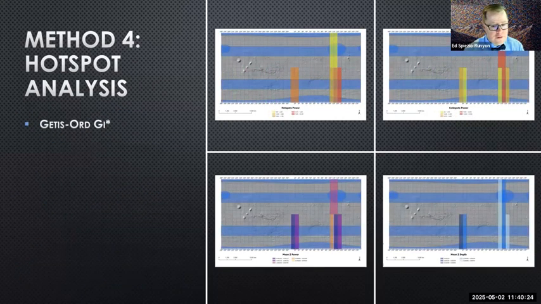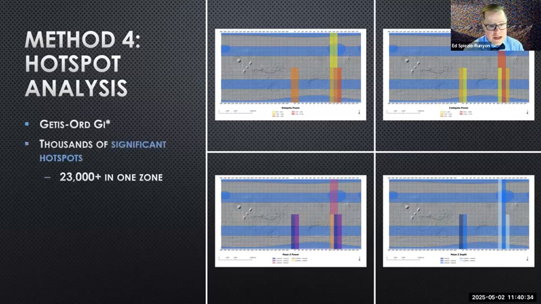The fourth method was hotspot analysis. So I ran the Getis-Ord Gi* hotspot analysis to detect statistically significant clusters of high radar power. I found tens of thousands of statistically significant hotspots of very high radar reflection intensity, including one zone that had more than 23,000 high-value hotspots.